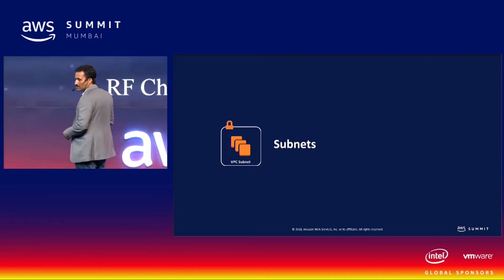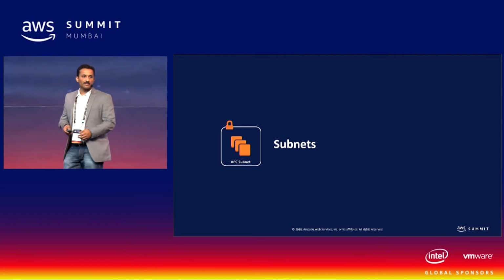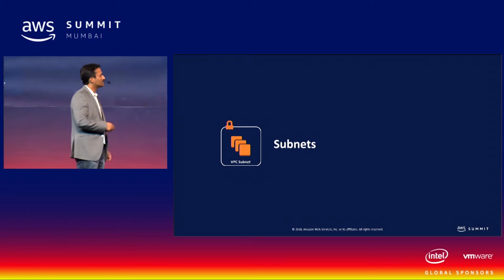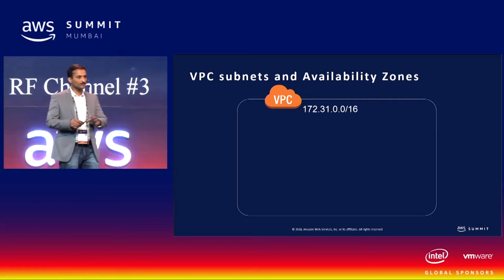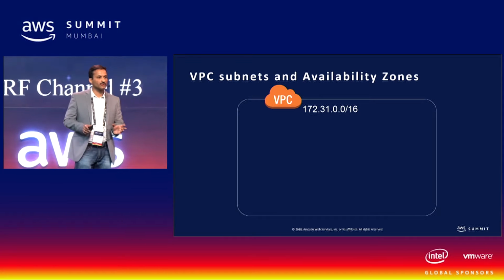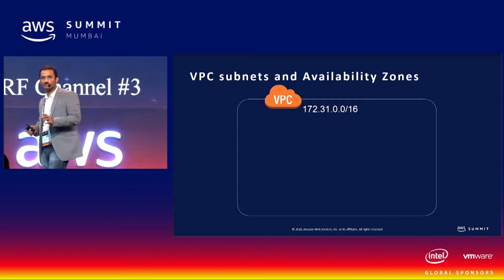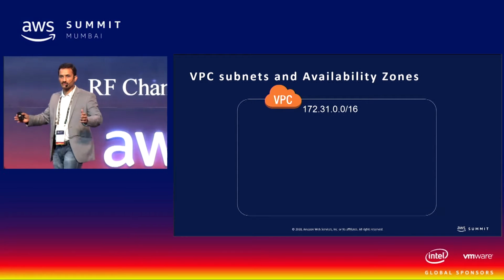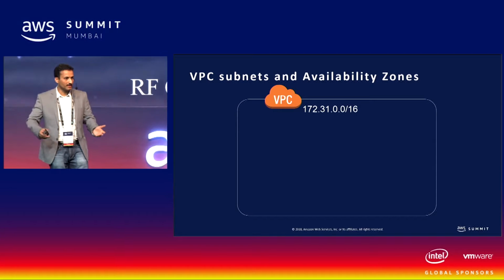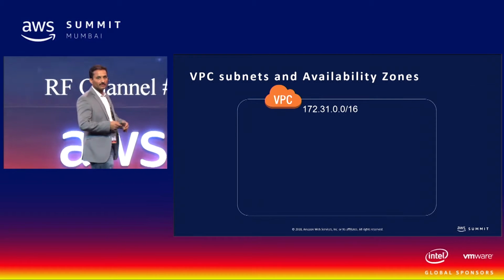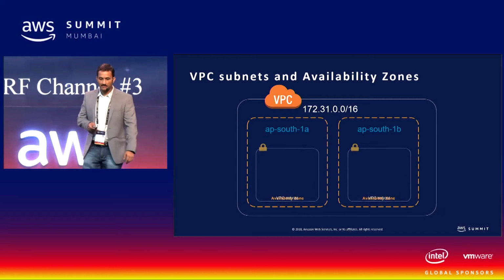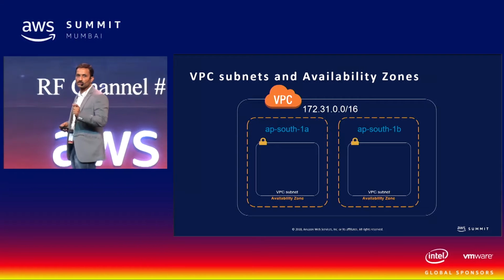Next, what you would do is create subnets. Before we talk about subnets, let's talk about what the VPC's scope is. A VPC is a regional construct. That means when you create a VPC, it spans across a region, for example, India region, right? And within that VPC, you create subnets. And subnets are a zonal construct.